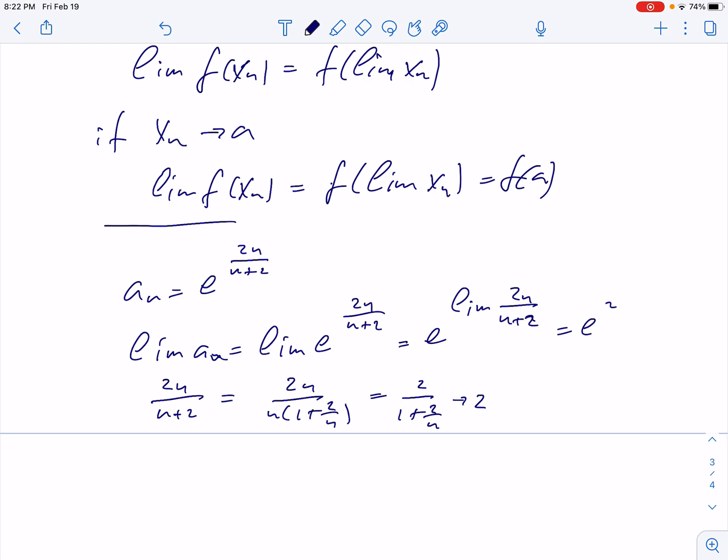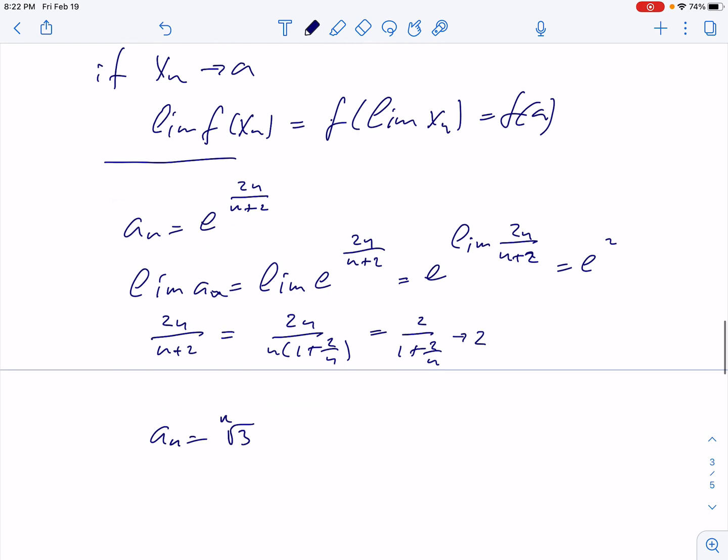Another example. Let's say a sub n is the nth root of 3. What happens if n grows? So this is a sequence: square root of 3, third root of 3, fourth root of 3.